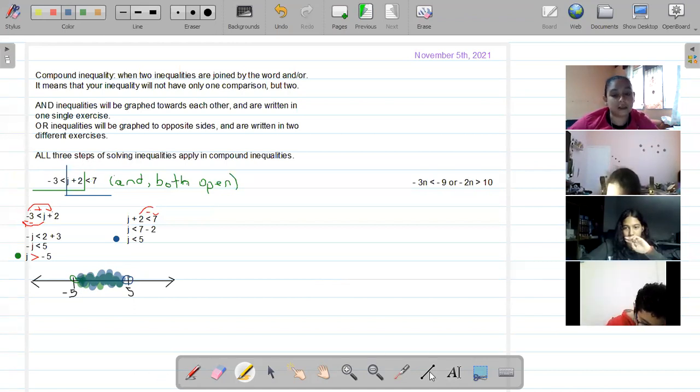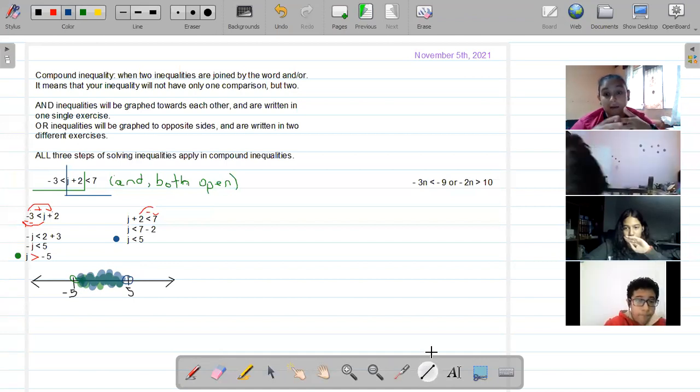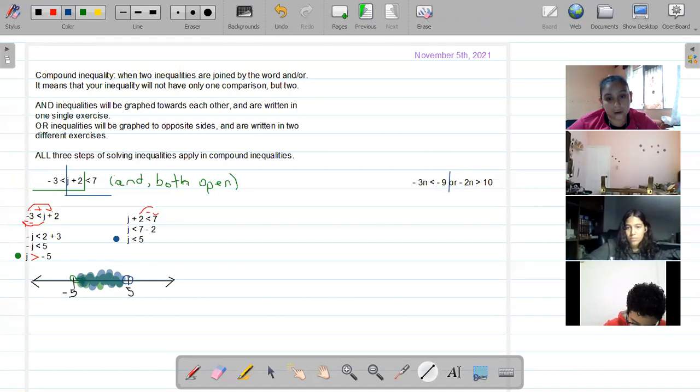Next exercise. This is easier because it has already the separation of my two inequalities. How are they separated? They're separated by the word or. So I have from the word or to the left, one inequality, and from the word or to the right, my second inequality.